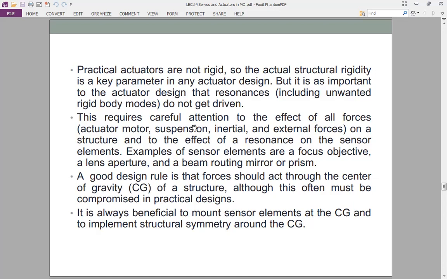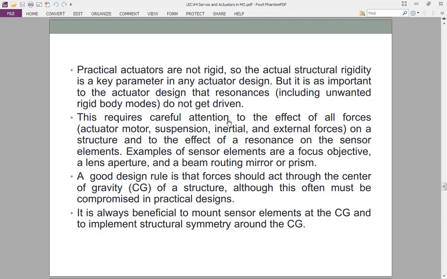Like in this case, we do not want the two frequencies to be equal, because that will produce resonance, and resonance will make the disc rotate with a greater amplitude. The vibrations will be more. So if vibrations of the disc are to be avoided, then at all costs, resonance must be avoided.